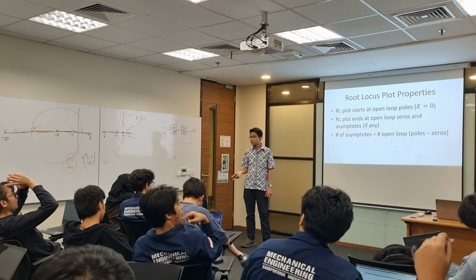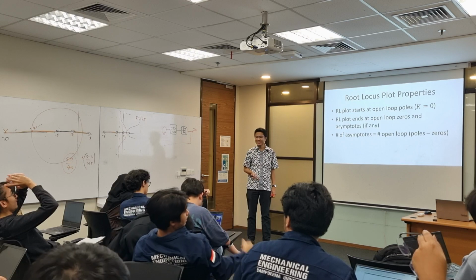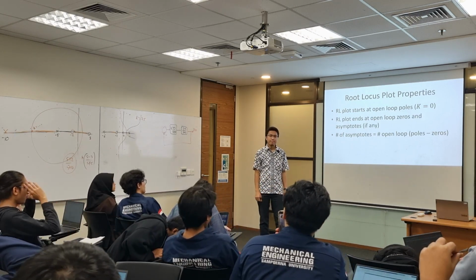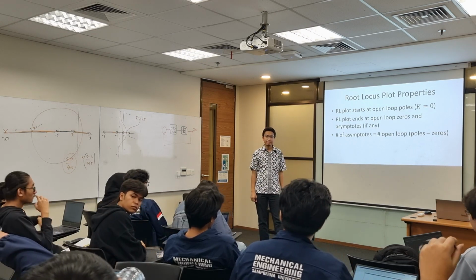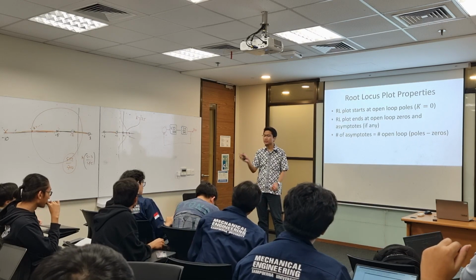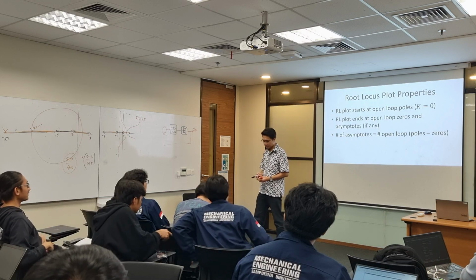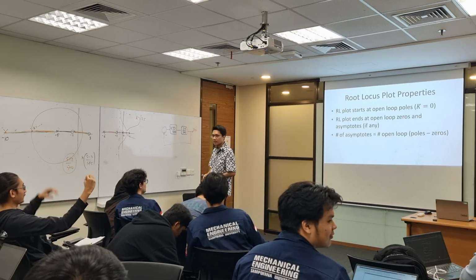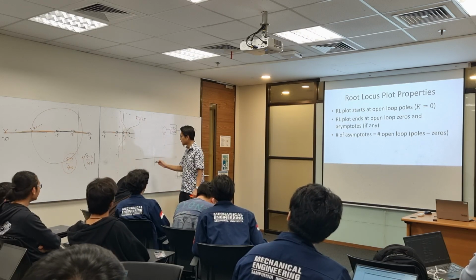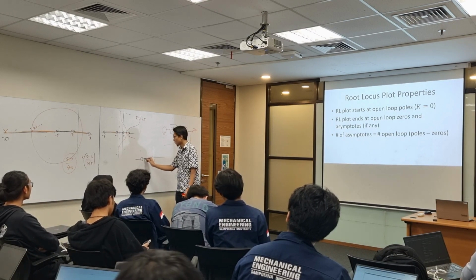What if the number of zeros is greater than the number of poles? Cannot, the system is not proper. The root locus will always go to the zero, but not always a circle. An example is like this. No asymptote. It will just be here.